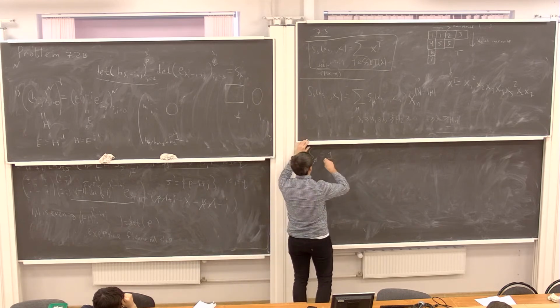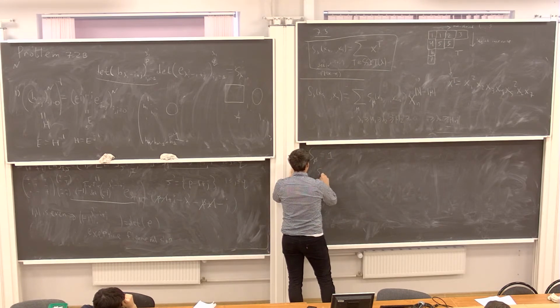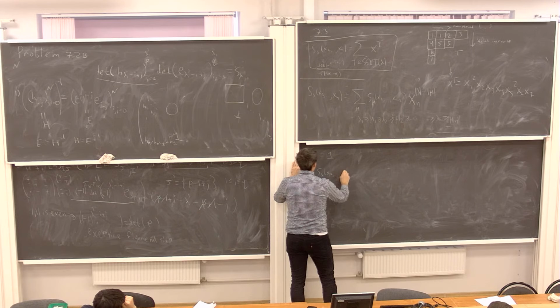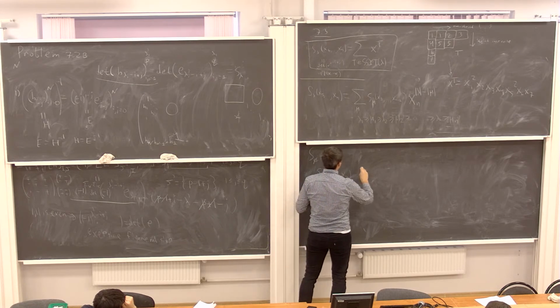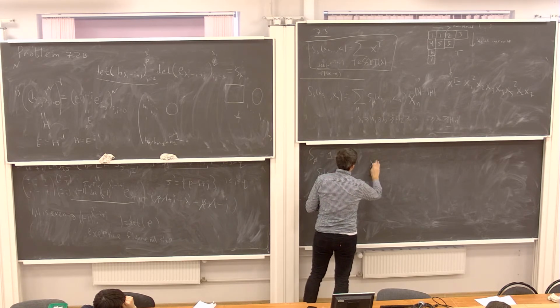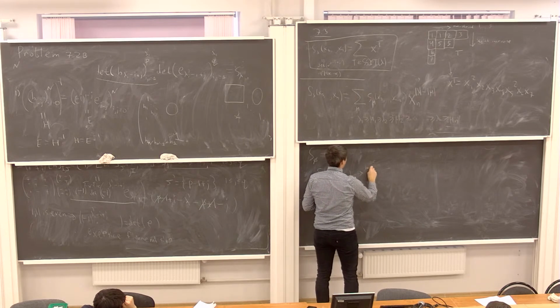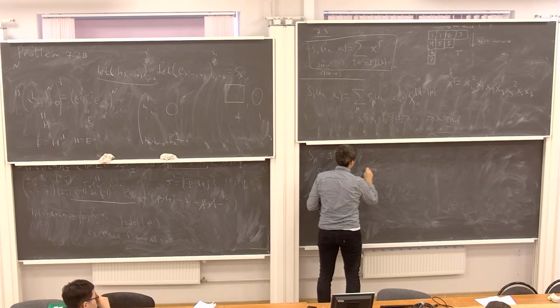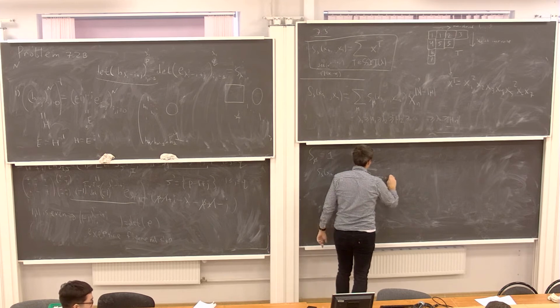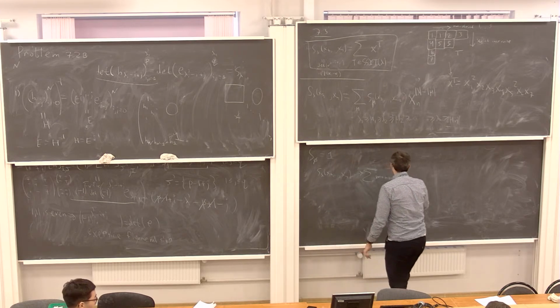So if you restrict from S_lambda of x1 ... xn, you get some monomials, and they correspond to what?